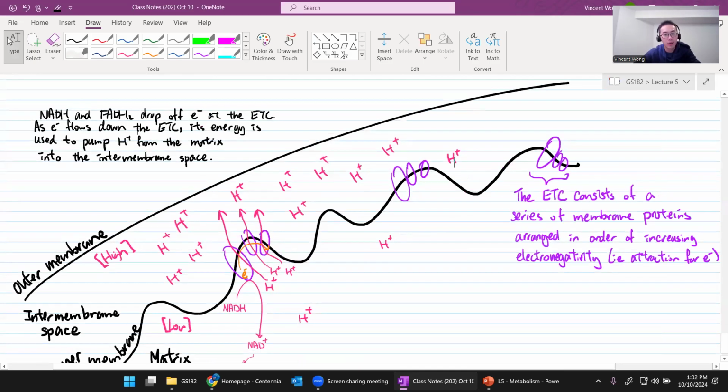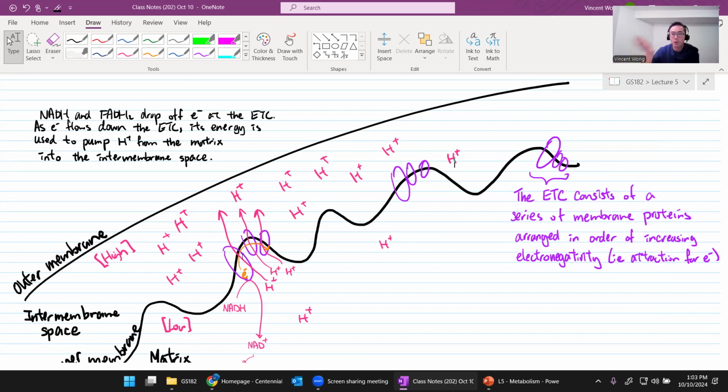NADH and FADH2 will, I'll draw the FADH2 later, okay? NADH and FADH2 drop off electrons at the ETC, and the flow of electron creates energy that will allow us to move H plus from matrix to intermembrane space.